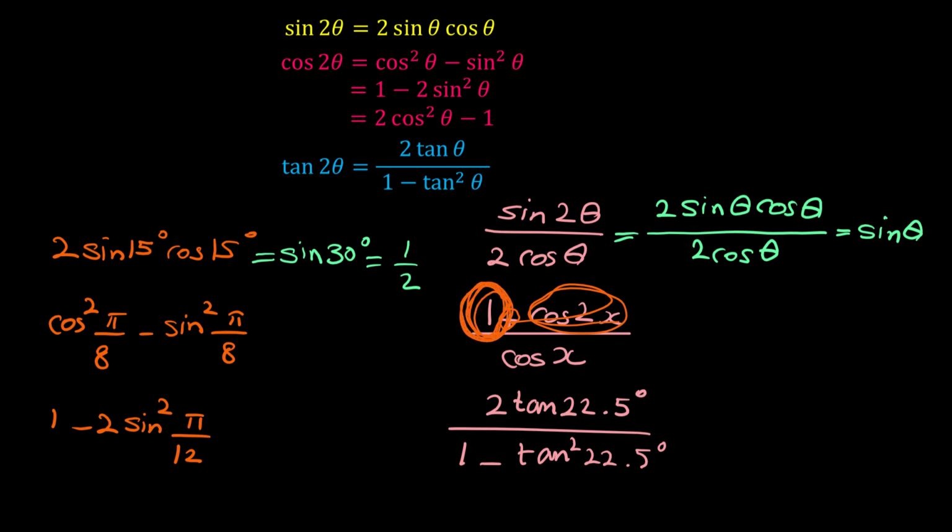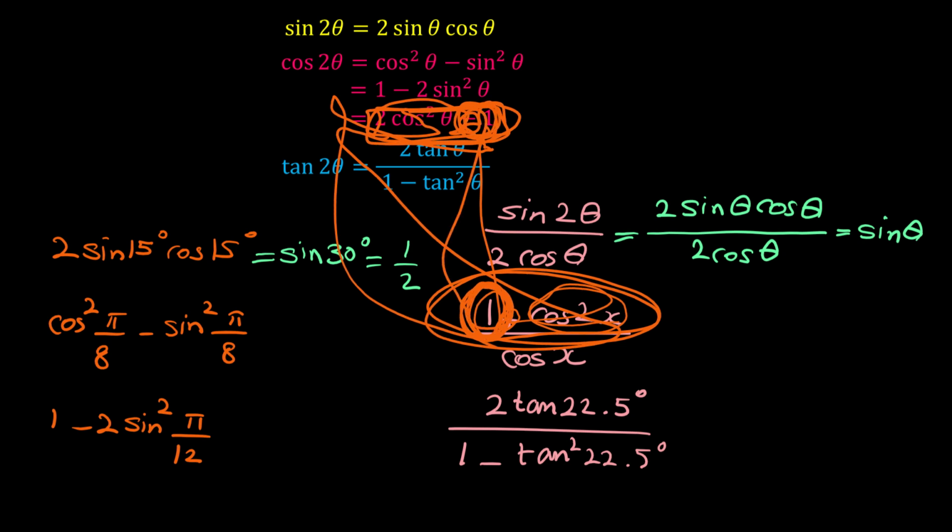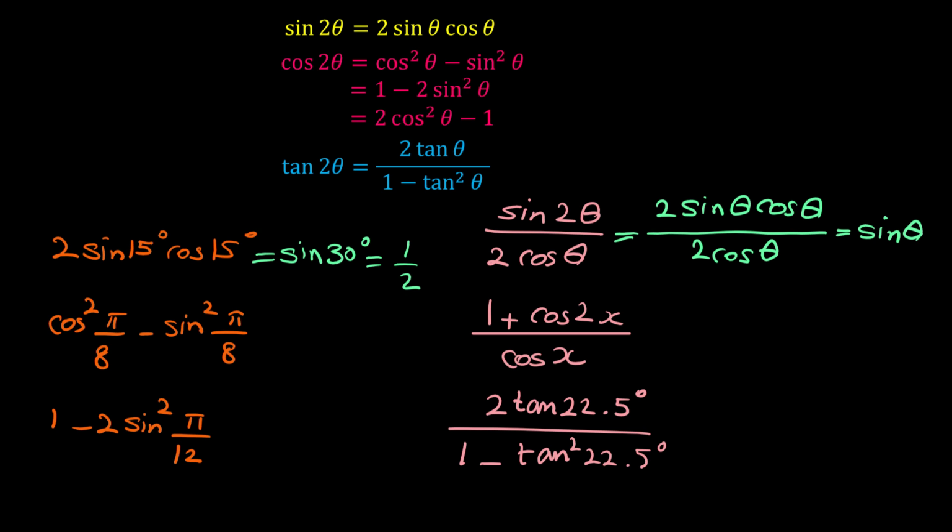This 1, attention, this is positive 1. With this negative 1 can be cancelled. So for this expression, it's a good idea to use this one. Because in 2 cosine to the 2 minus 1, this minus 1 with this plus 1 cancels. This is the way that you have to figure out which one of these is proper to use for that question. So it depends on the question that you are working with. You can figure out which formula to use. You have to choose the one that simplifies better in that expression.